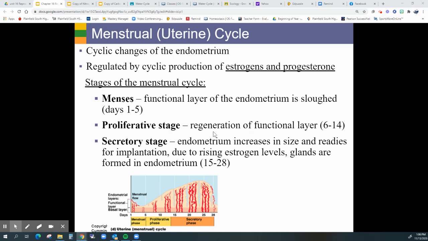This is where that endometrium is being regenerated, so that's days 6 to 14. And then the last phase is the secretory stage, where that endometrium starts to increase in size and get itself ready for implantation of hopefully a fertilized egg. Again, this is all driven by both estrogen as well as progesterone, and that's days 15 to 28.